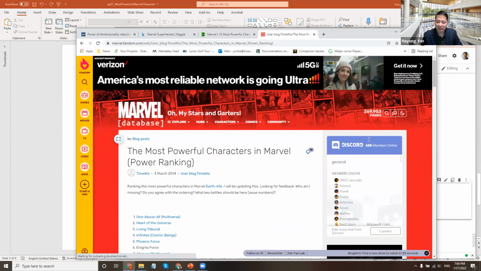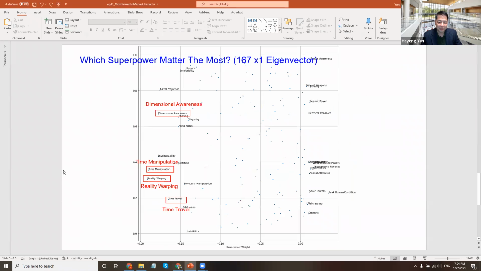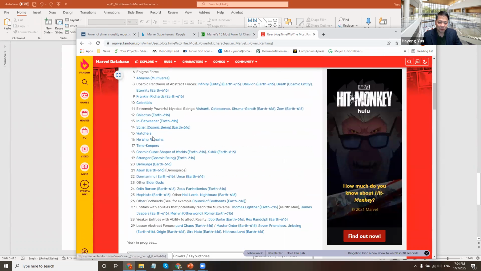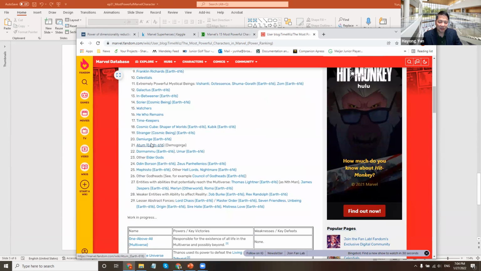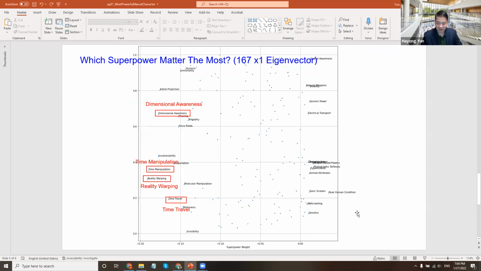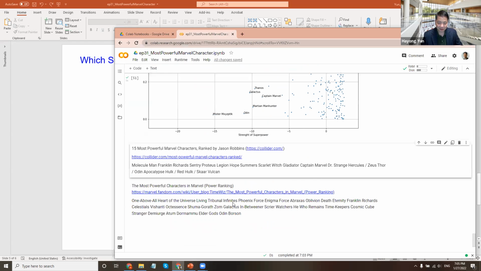So Marvel's ranking is here. I think I pulled out that ranking here in the file, but here's the whole list of it. And again, our favorites, Galactus, Franklin Richards, many of them seem to be on our list. Odin seems to be on our list as well.